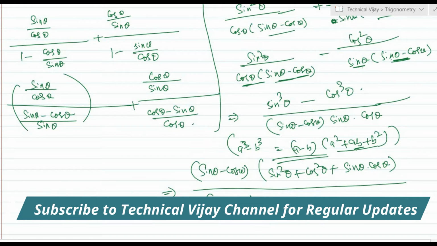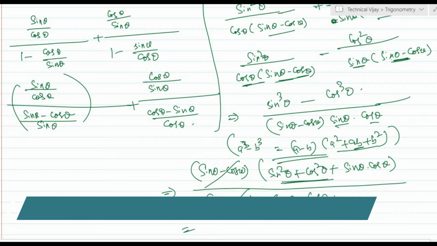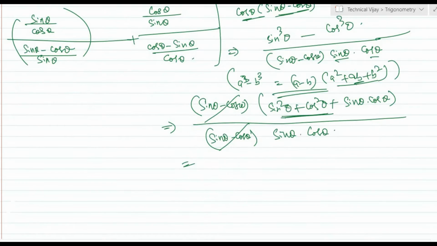Now here sin theta into cos theta, sin theta into cos theta. So here this sin theta minus cos theta, sin theta minus cos theta cancel, and this sin square theta plus cos square theta is equal to 1. So 1 plus sin theta into cos theta divided by sin theta into cos theta.